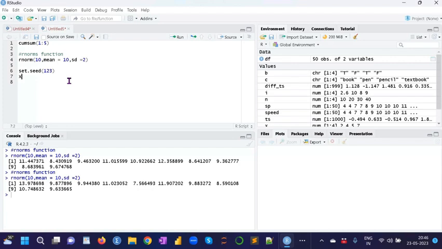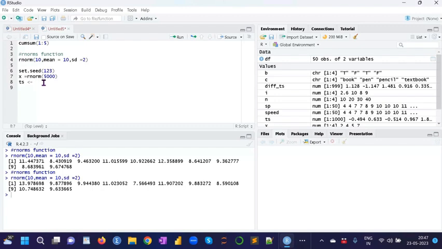Here I am taking the variable x as rnorm, where I am taking 5000 values. Next I am taking ts. TS stands for time series. It's not compulsory that you use this name, you can take anything.